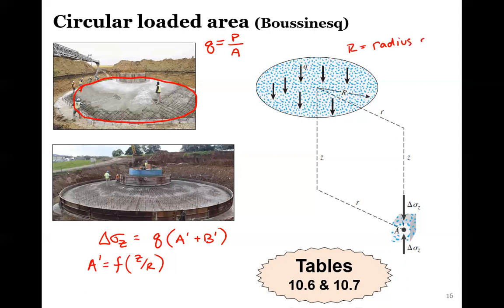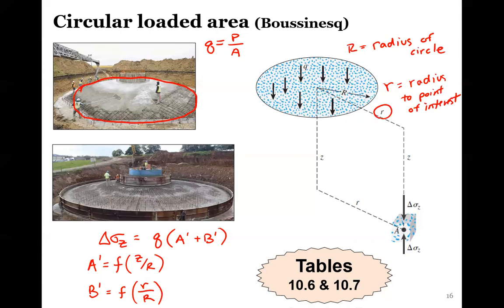And then B prime is a function of lowercase r divided by uppercase R. From here, lowercase r is the radius to the point of interest.